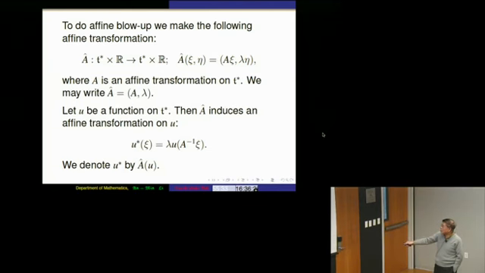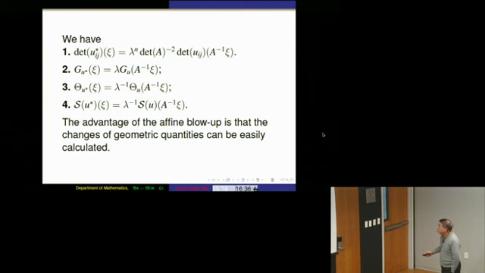Let U be a function on T star; then this transformation induces an affine transformation on U, U star equal to lambda U, in this way. By calculating directly, we can prove that after this transformation, the determinant transformation rule is like this one. And likewise for the metric, theta, the scalar curvature, and also the Ricci curvature.